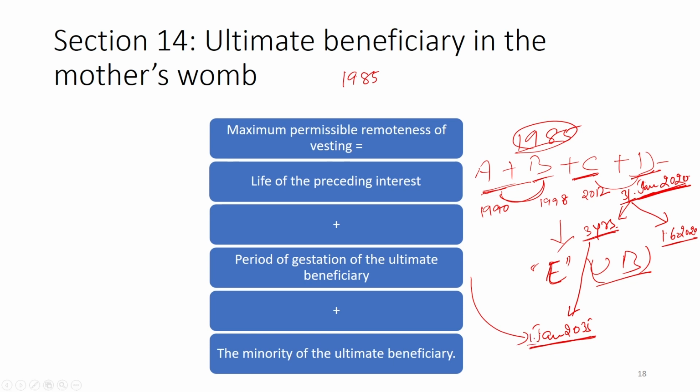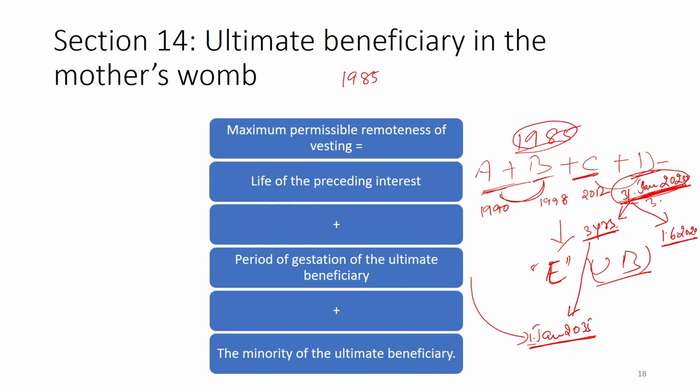In the second case, because he was in the womb, he took birth on 1st June. So, at the time of the death of Mr. D, he was in the womb for 3 months.